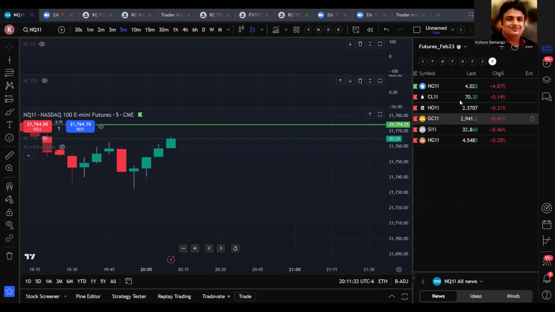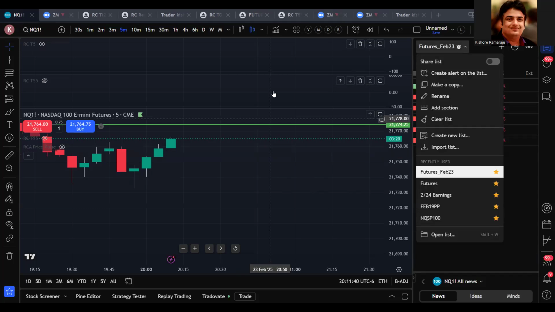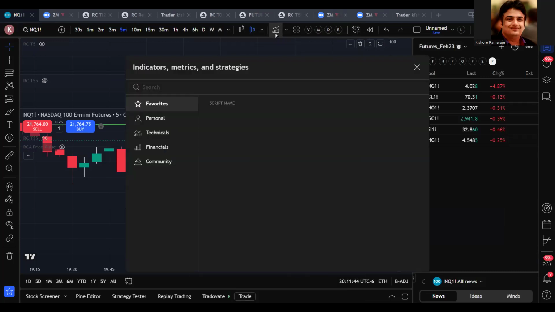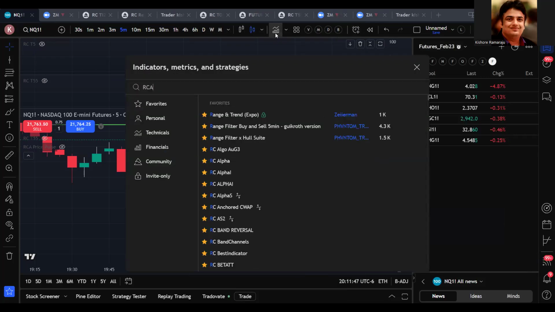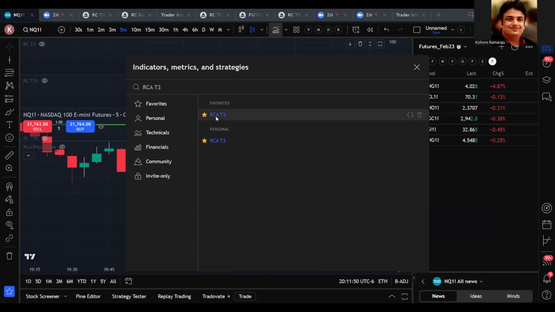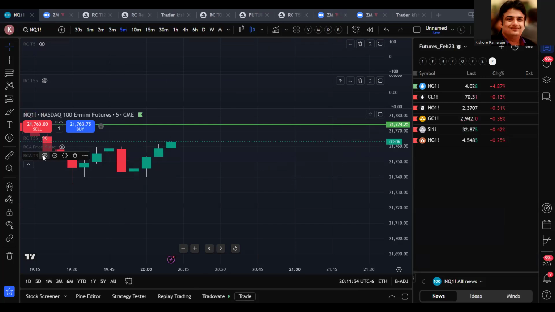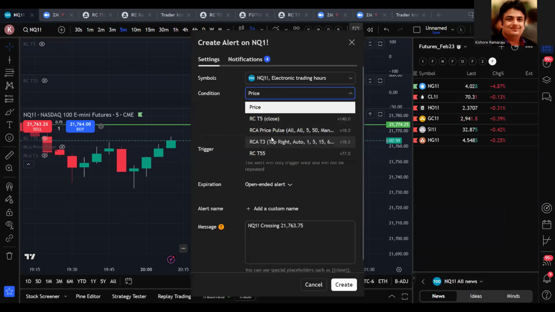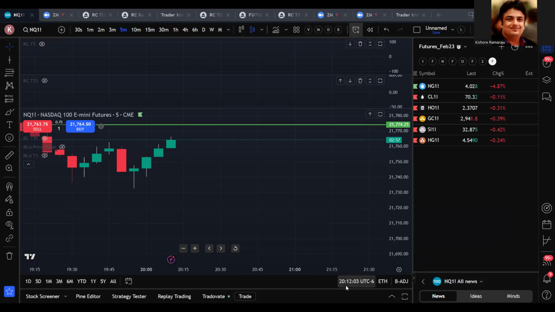In the same way, because there are some quick moving tickers and some slow moving tickers, if I also want to create an alert on T3, I can select that too. I can create an alert on RCA T3. So I created alerts on both of them.